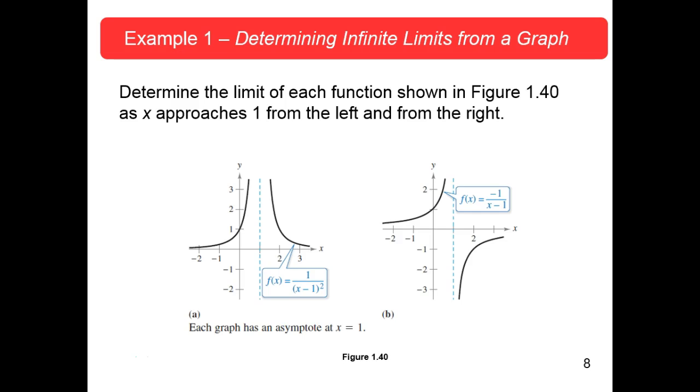And down here, because the numerator is negative, but the denominator, you're approaching from the right-hand side, x is greater than 1, so that is positive, but the numerator is negative. So this is going to negative infinity. But you see, in both cases, I would say they don't exist. What they say is the left is going to positive infinity, the right is going to negative infinity. Just another way of saying it, but the limits don't exist.